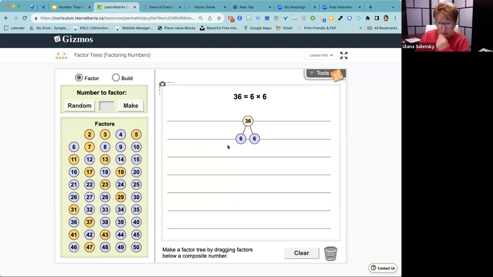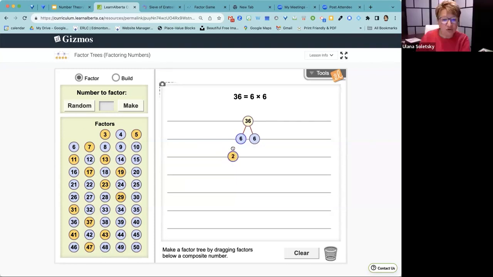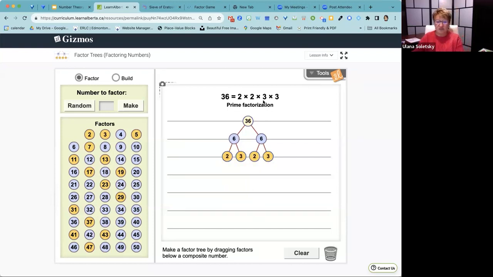But they're both blue, and I want to end up with only yellow numbers. So what two factors can multiply together to make 6? 2 and 3. Okay. So the prime factorization of this is 2 times 2 times 3 times 3.